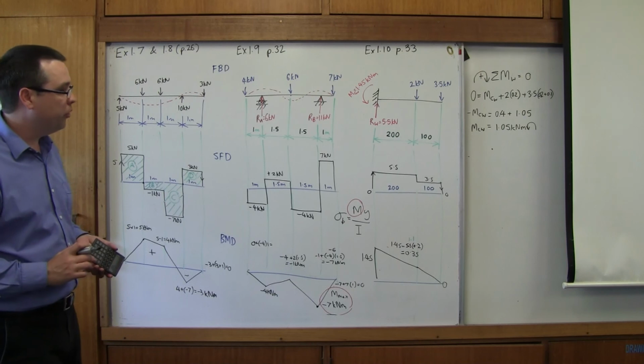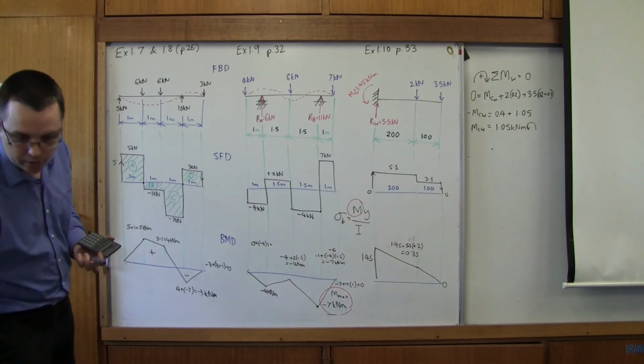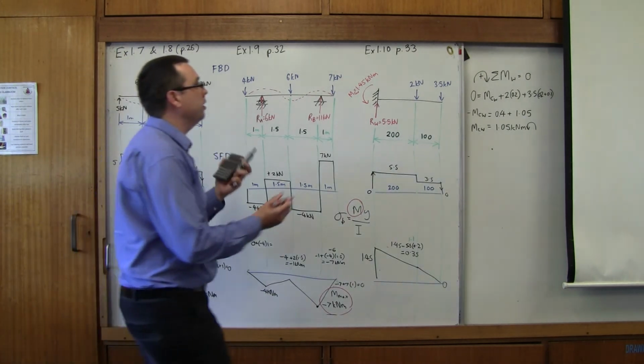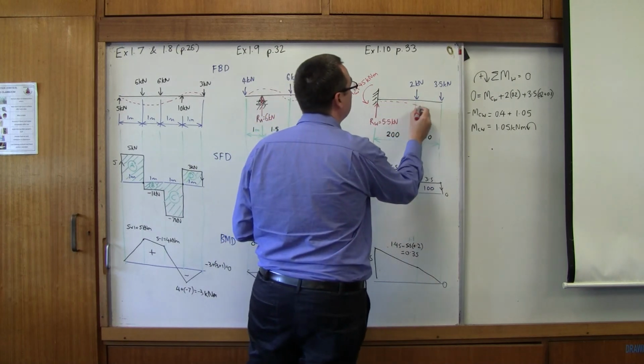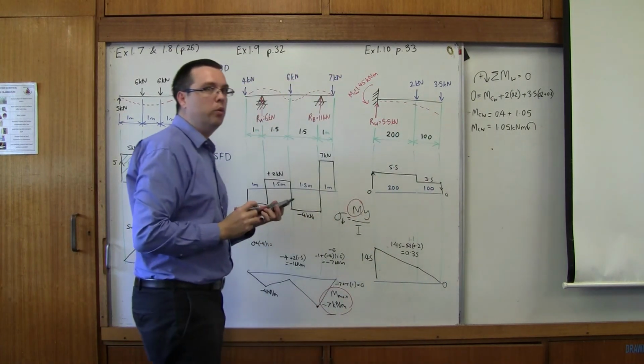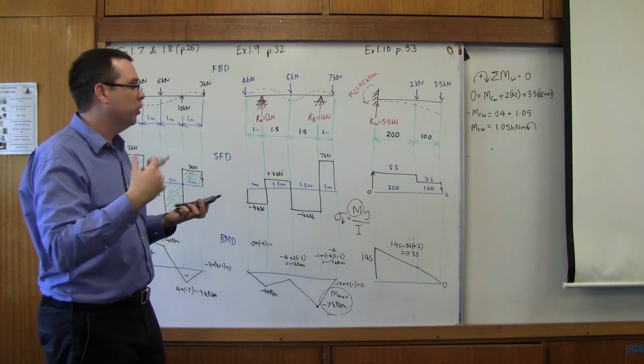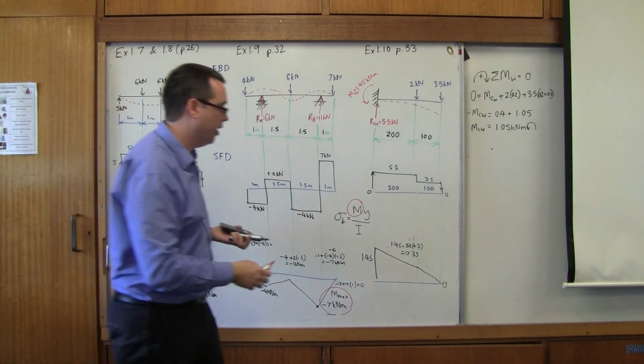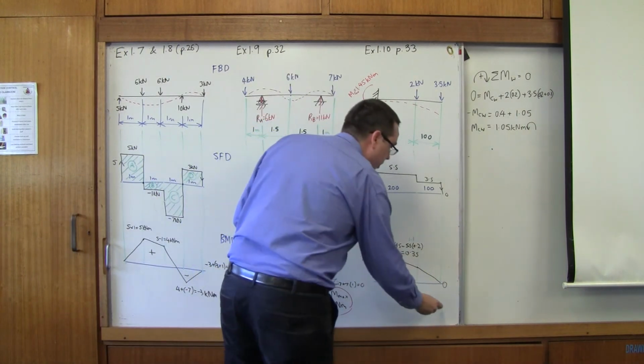In terms of reinforcing, let's think about how this would go. This is going to create that sort of bending, which means that we're going to have tension on the top, which means that our steel is going to be on the top. So I'll draw it.